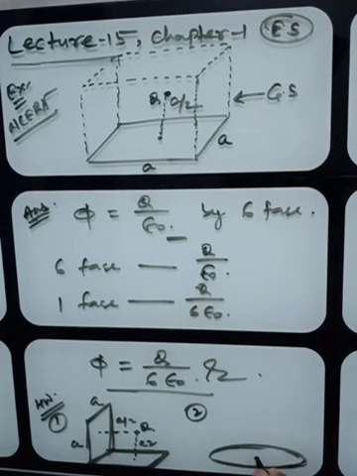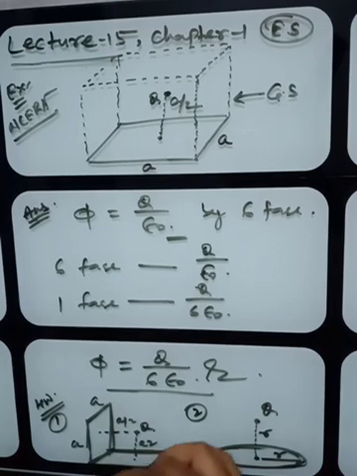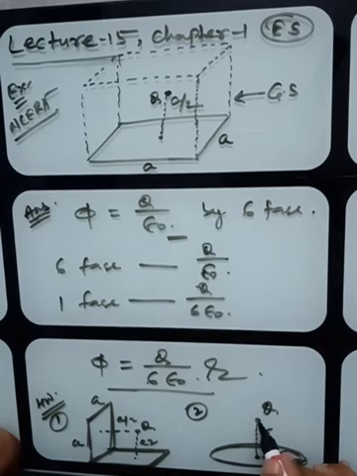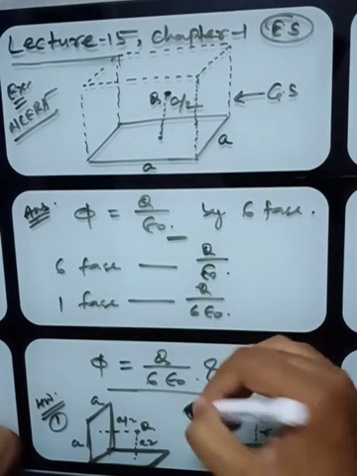From the center, a charge is placed at R, and the radius of this plate is also R. By this plate you have to find the flux. Here, by these 2 adjoining faces system, you have to find the total electric flux, and here you have to find the flux of this charge by this circular plate.